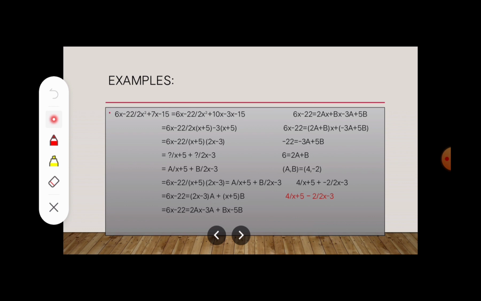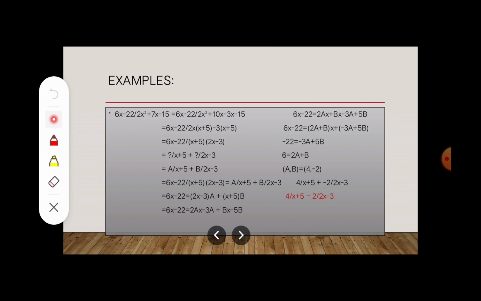So we have 6x minus 22 equals 2ax plus bx minus 3a plus 5b. Then when two polynomials are equal, their corresponding coefficients must be equal. So we have negative 22 is equal to negative 3a plus 5b, and 6 is equal to 2a plus b.